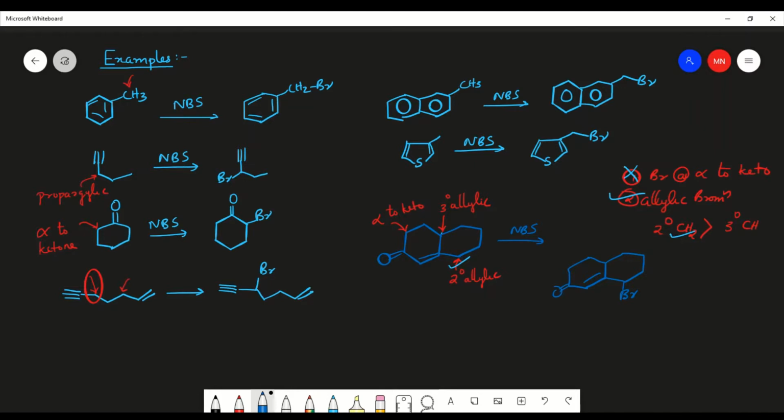So the applications of NBS bromination are that it is used for allylic and benzylic bromination, plus bromination at the alpha position of the keto group. So these are the main applications of NBS bromination.